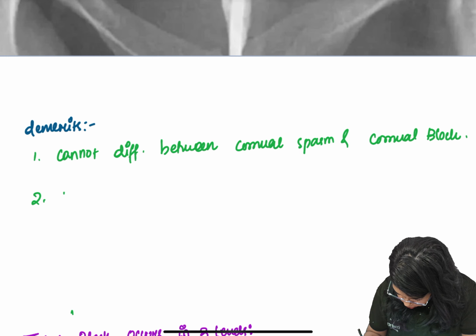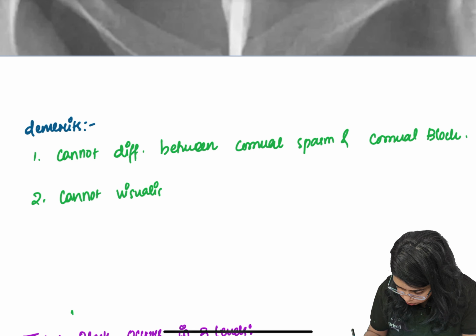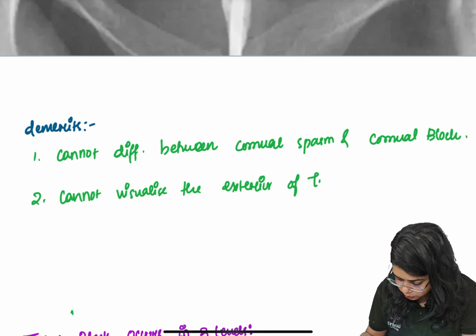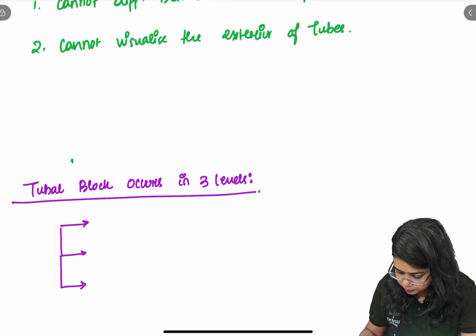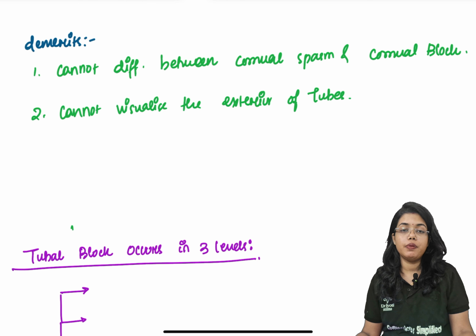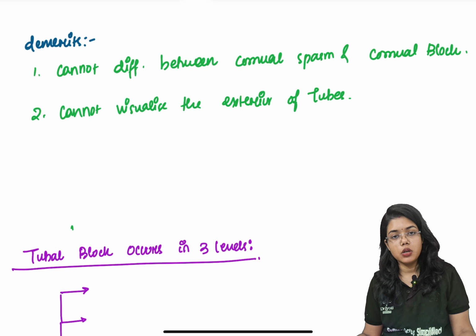Then also it cannot visualize the exterior of the tube. So what are the demerits? That it cannot differentiate between the cornual spasm, that is the physiological cornual spasm.